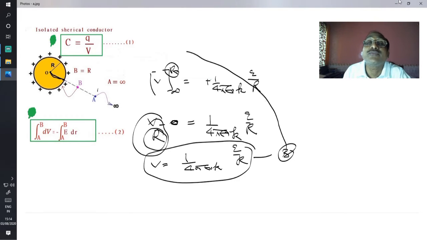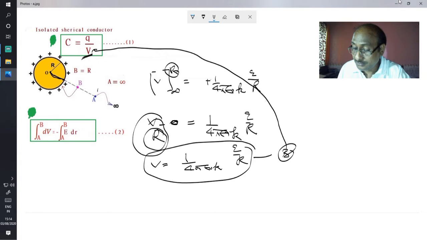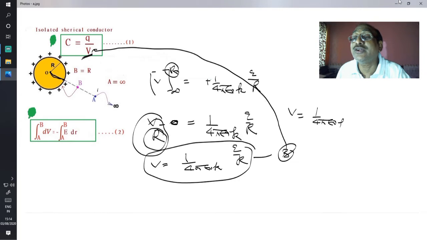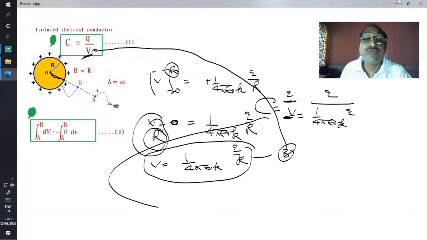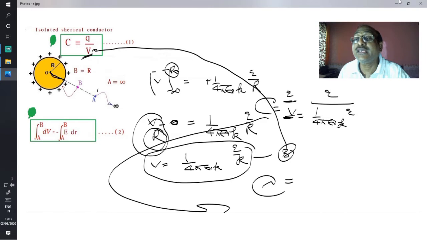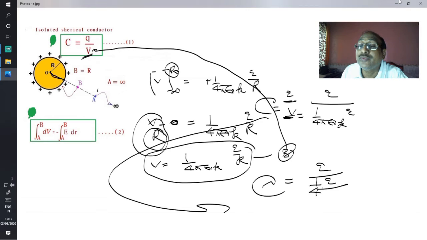Now put the value of V from equation 3 into equation 1 and replace this V. You will find C equals Q upon V, where V equals 1 upon 4 pi epsilon naught K Q upon R. Q will cancel.